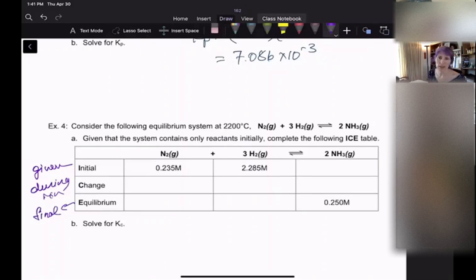So the changes that happen during the reaction depend on the coefficients. In this case, initially we have 0 ammonia. So clearly the reaction is going to go from left to right, right? So every time one of this reacts away, 3 of these are going to react away. And at the same time, 2 of these are going to form.